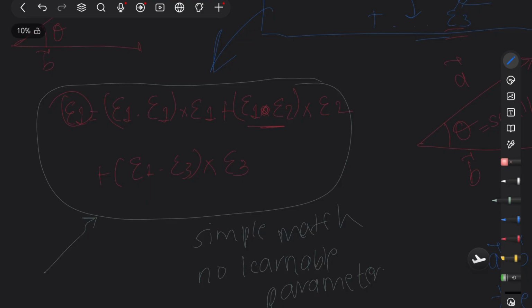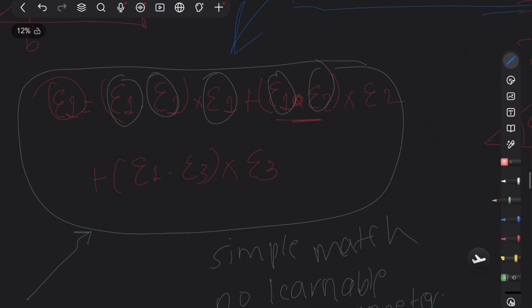So what we do is, instead of using these E1, E2 values, these are the same embeddings that we got from the patch embedding block, right? Instead of using the same value in three different ways, once you look closely, you would see that a single embedding is being used in three different places: here, here, and here.